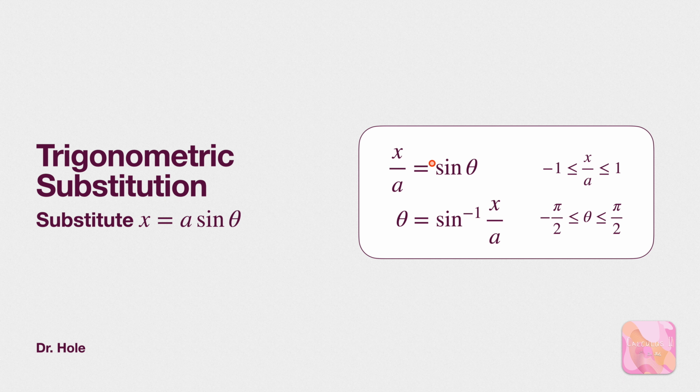Okay, so the top line is just a statement in terms of the range of sine. And then if we take a restriction on the thetas, then we can recover the theta by applying arcsine. So it's key to remember that theta lies in the region negative pi over 2 to pi over 2. Very good.